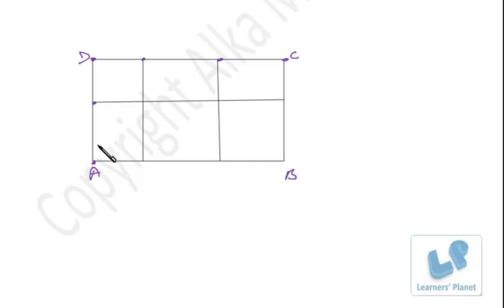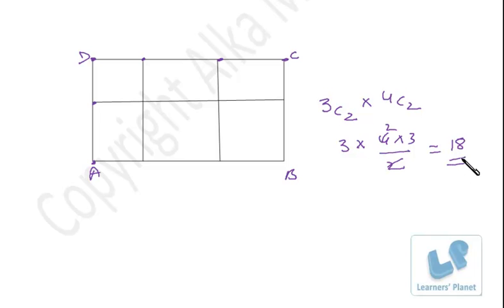So I need to select 2 points from this line. So from 3 I am selecting 2. Simultaneously I have to select 2 points from this line. So from these 4 points I am selecting 2, right? So 3C2 into 4C2, that is 3 into 4 into 3 by 2. So 3 2s are 6, 3 6s are 18 rectangles will be formed, right?